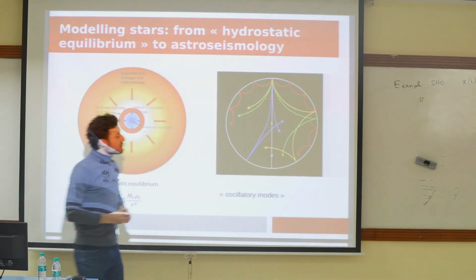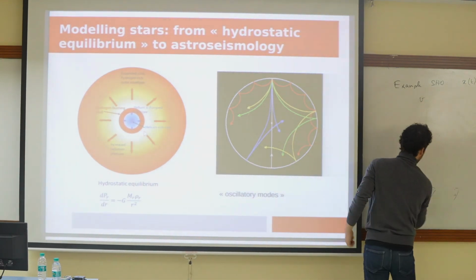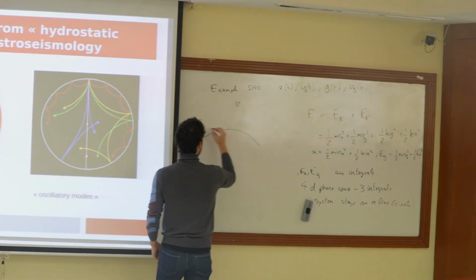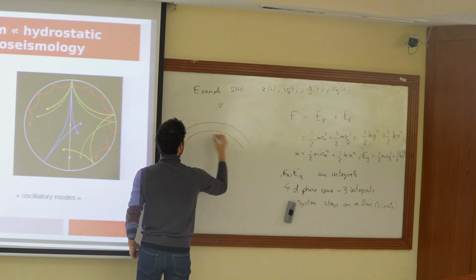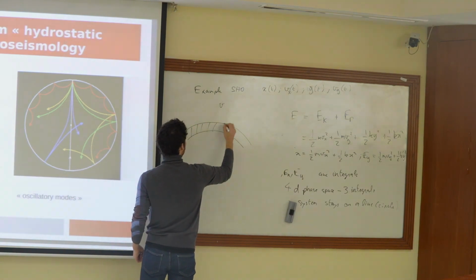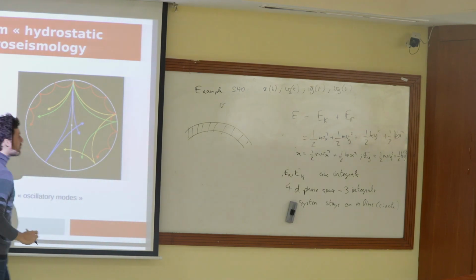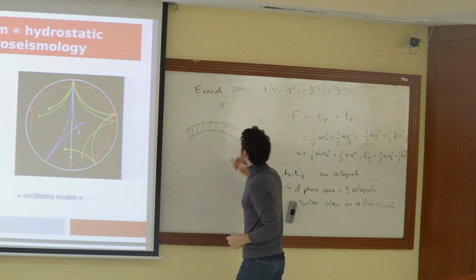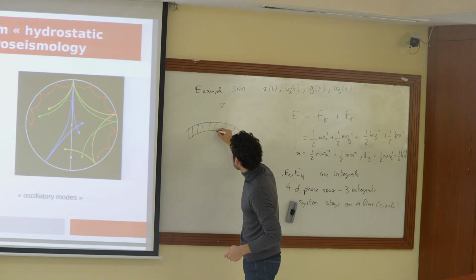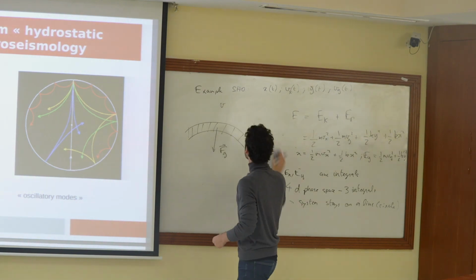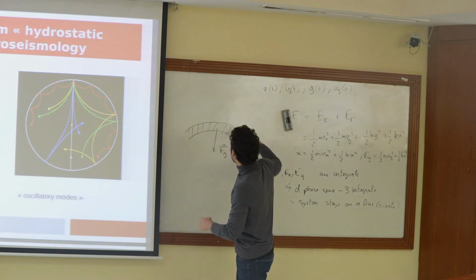So you can imagine that if I were to model a layer of the fluid around a star, so this is a shell around the star's envelope. For instance, I've modeled, I don't know, this bit. So I'm modeling a shell, and this shell is going to be attracted towards the center by a gravitational force, and it's going to be repelled towards the exterior by the pressure forces, right?